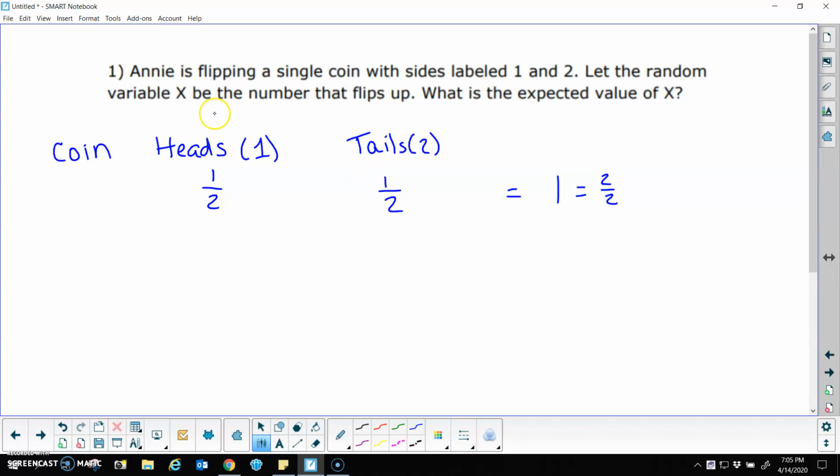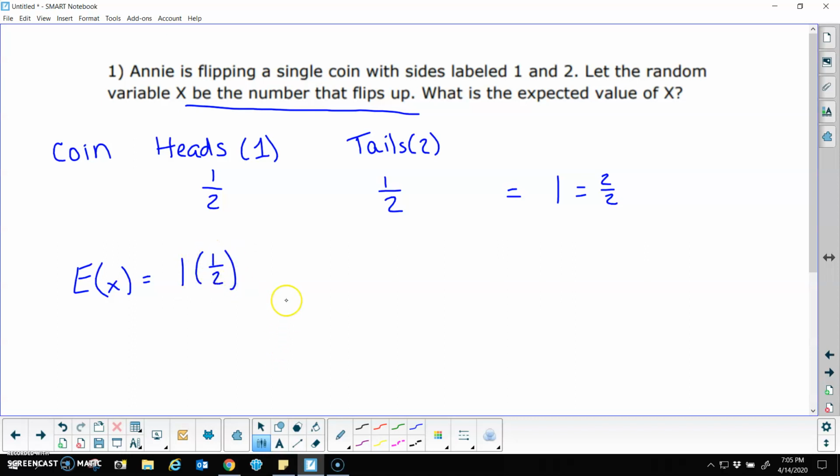Cool. So they're telling us here that x is going to be the number that flips up. Okay, so now what we're going to do is find what's called the expected value. Expected is the E of x, of getting flipped up. Now, we're hoping for heads, or in this case, number 1. So what's the probability of me flipping a 1?